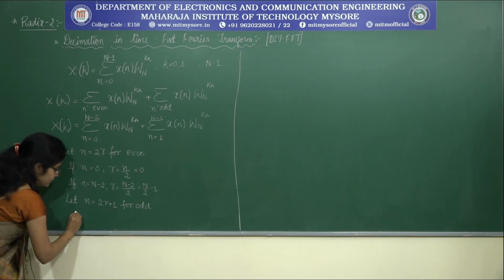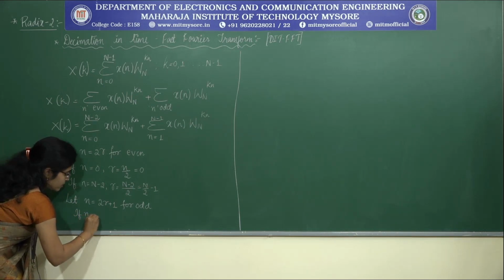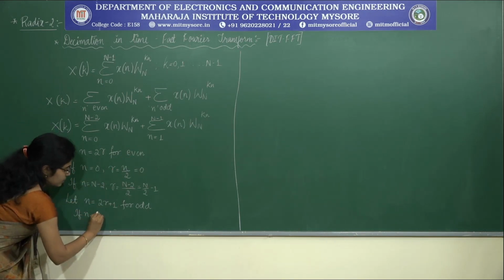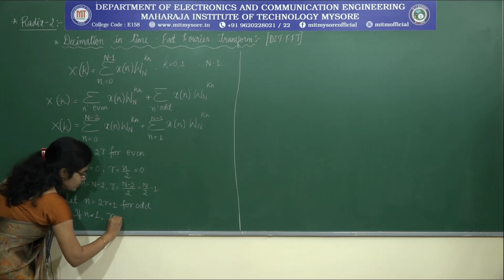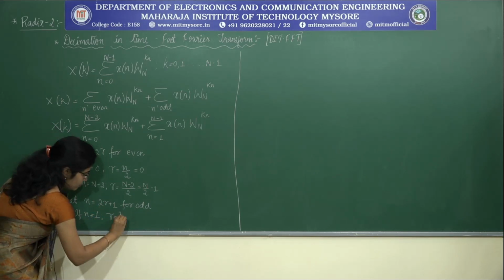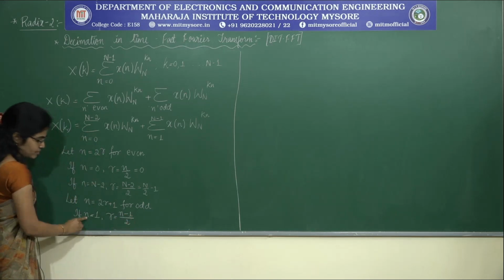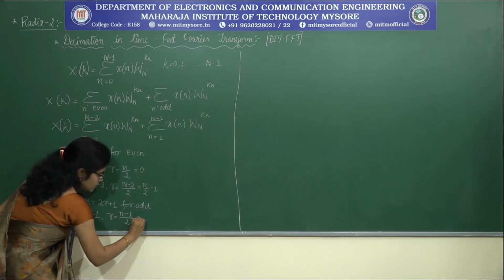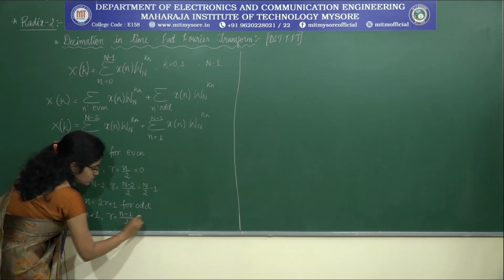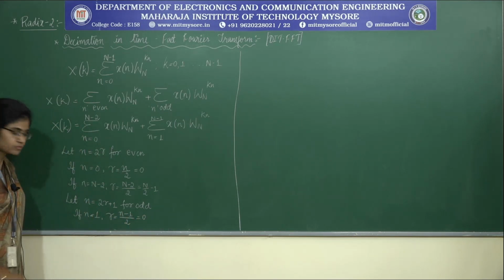Now if I take the limits for n, what is the lower limit? If n is equal to 1, r will be equal to, let me find out the equation of r, it is n minus 1 by 2. If I substitute the value of n as 1 in this equation, 1 minus 1 is 0, and 0 divided by anything is 0.